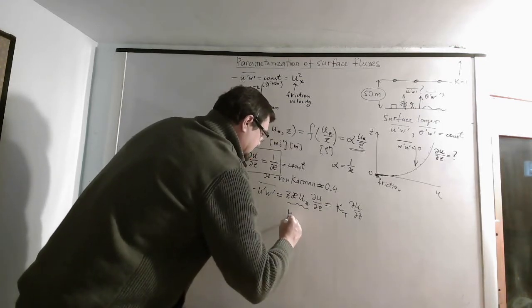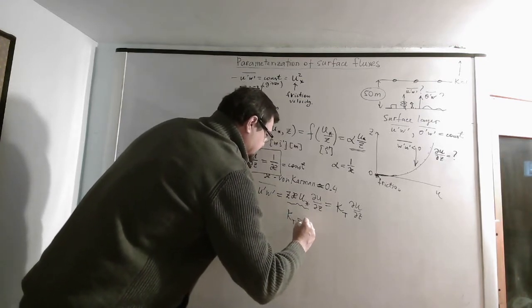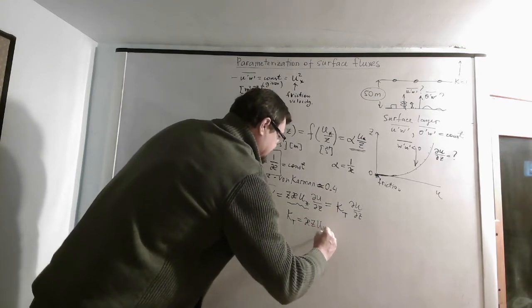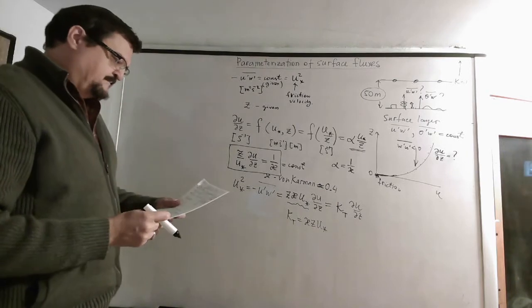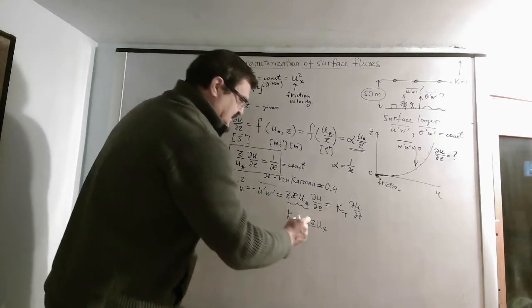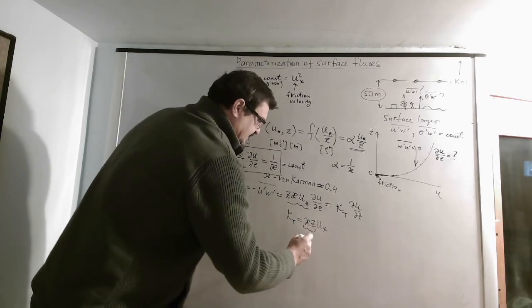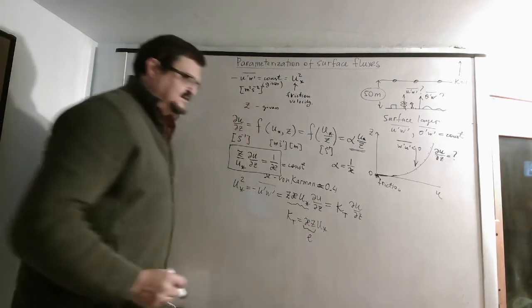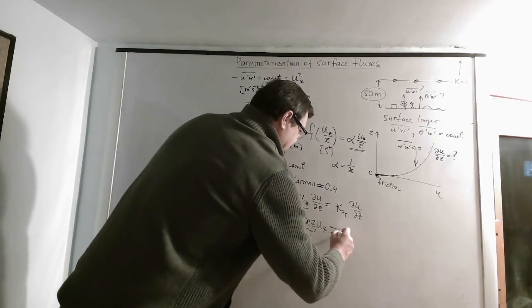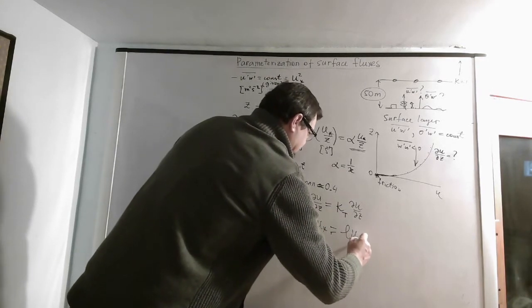So K_t equals kappa z u star. Now by units, kappa z has units of length. So this is some kind of mixing length, L. So this is equal to L times u star.